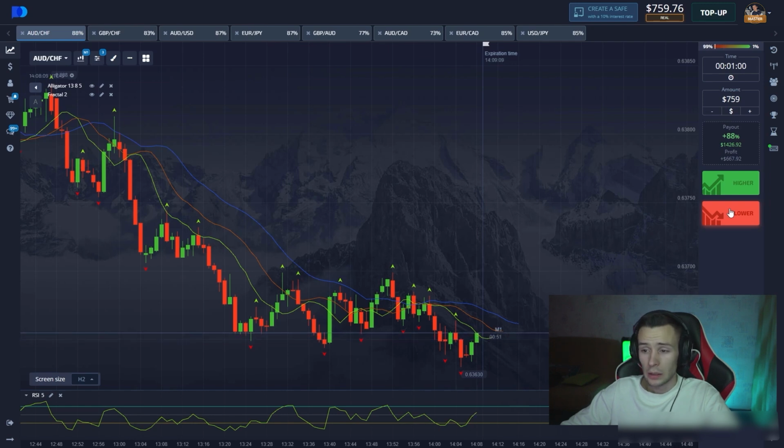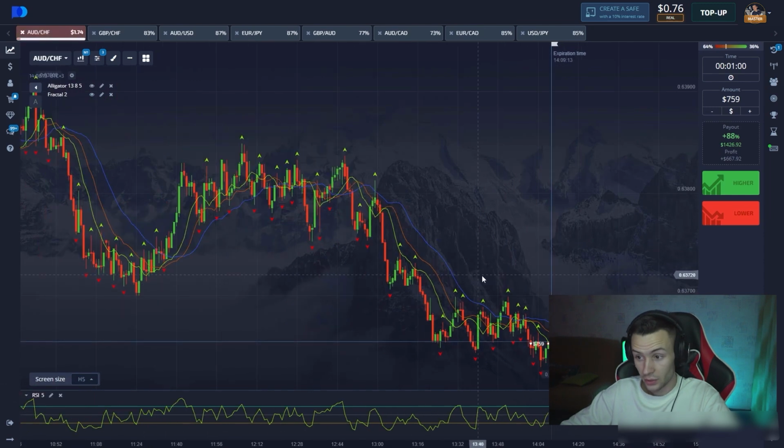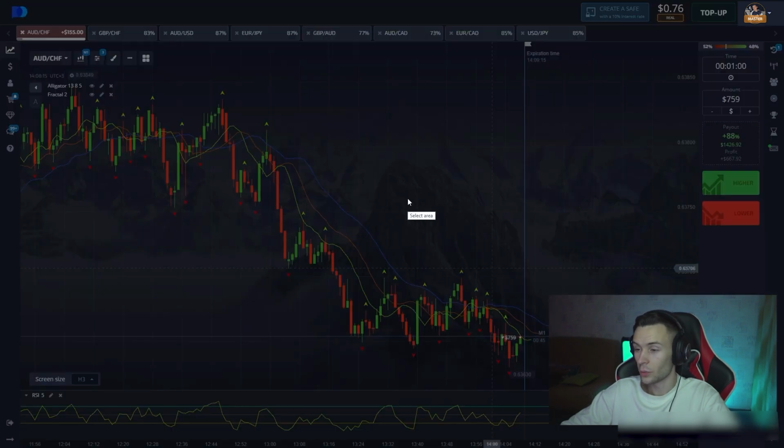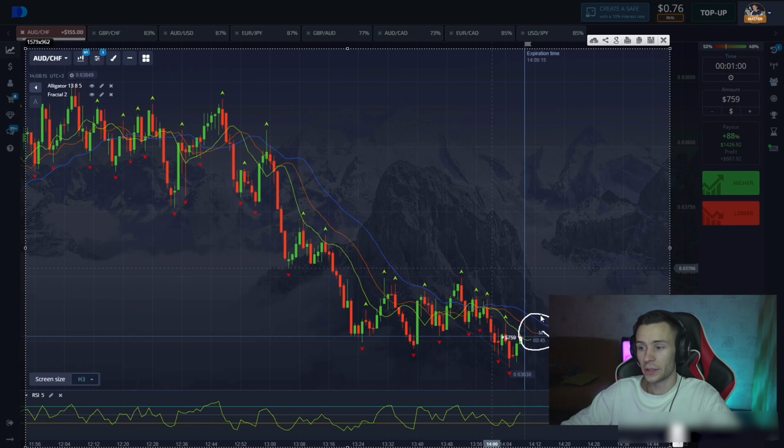Well, let's open a short position here. We open with the trend, guys. All the moving averages are facing downwards. The alligator's jaw is above the price, and it tells us that the downward dynamics prevails here.